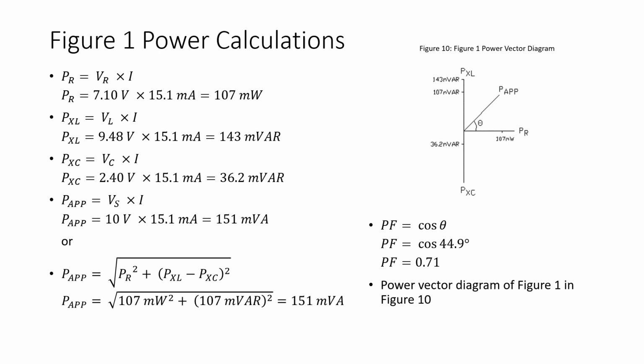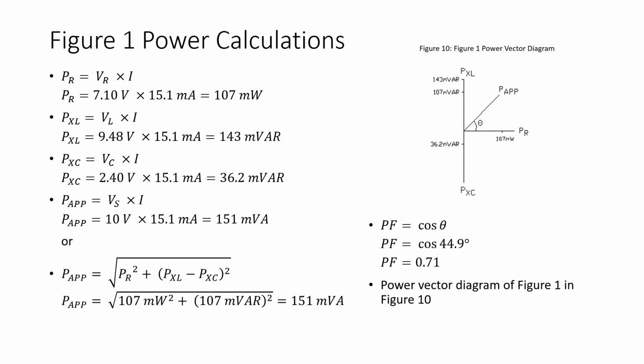And the apparent power is V source times I, which gives us 151 millivolt-amps. Now, we can also find the apparent power by finding the vector sum of PR, PXL, and PXC as shown.